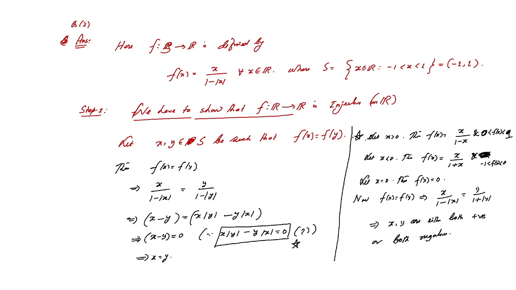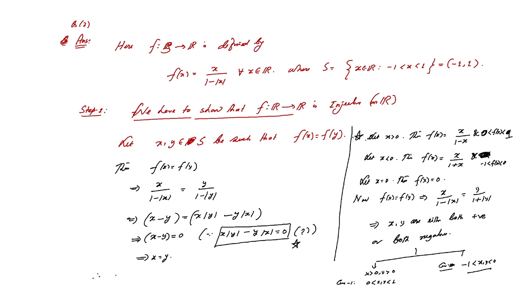So in that case, you can think about x greater than 0, y greater than 0. That means you can think about two cases. Case 1, 0 less than x, y less than 1. And case 2, minus 1 less than x, y less than 0. In both cases, you will see x into mod y minus y into mod x will be 0. That means x equals y.